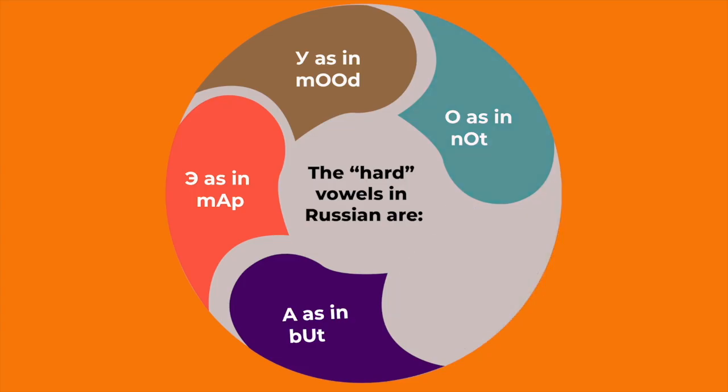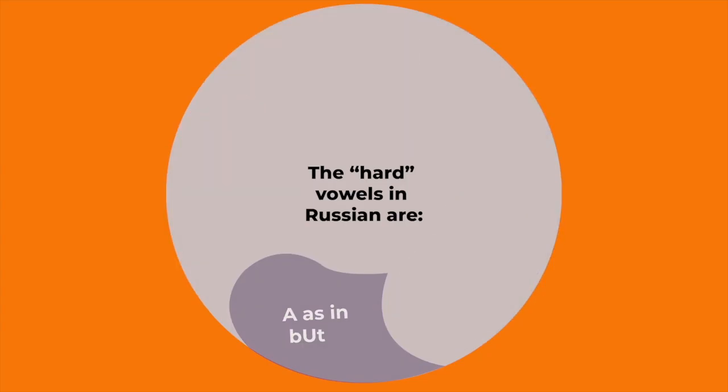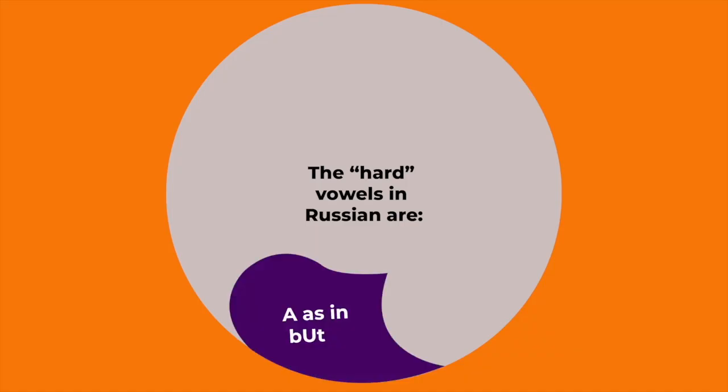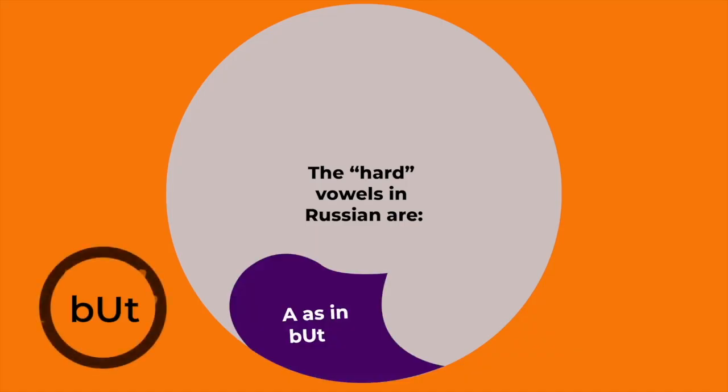For example, in the case of the letter А, we have used the English word 'but'. In this word we have given special emphasis to the letter U, but in the word the sound comes as А. 'But'.